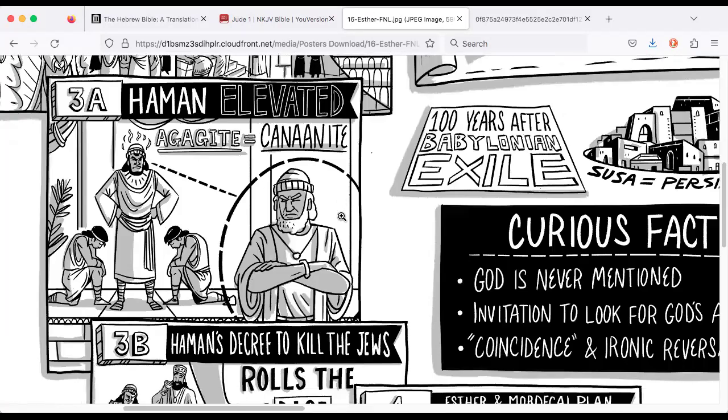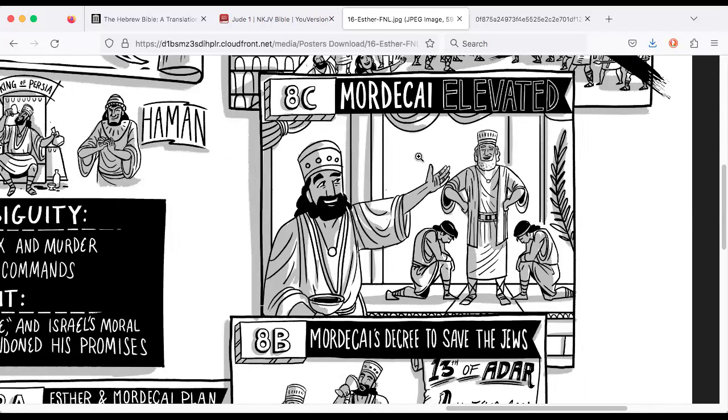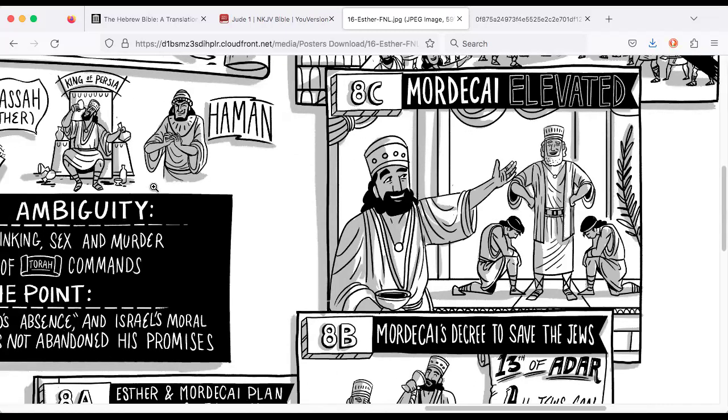Sandwiched between that, you have Haman elevated, and across from that, you have Mordecai elevated right before the end.